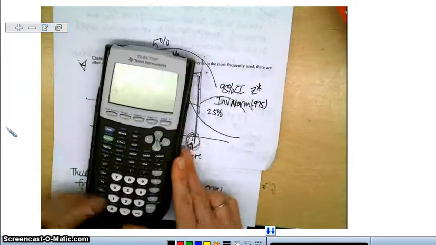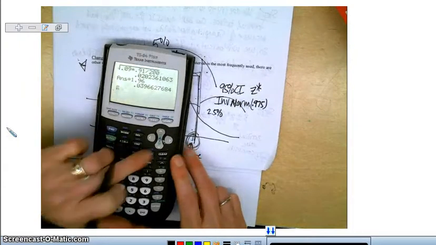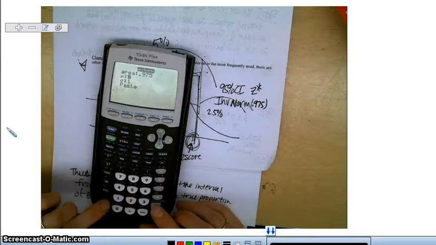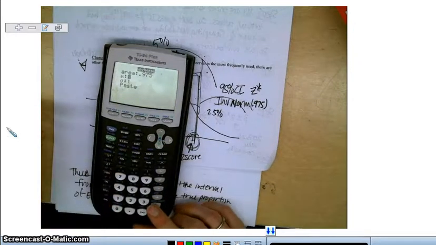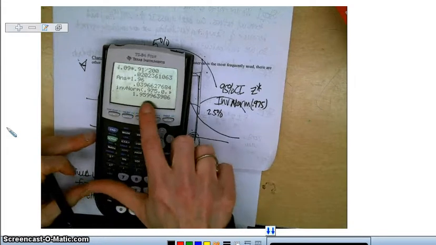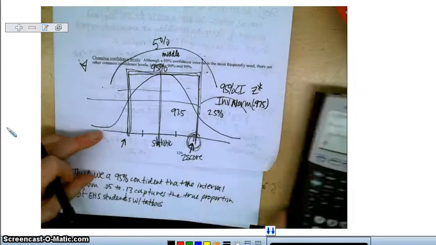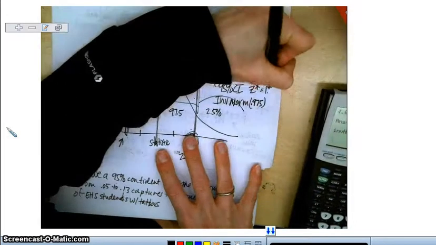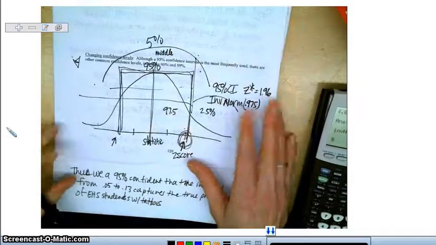On my calculator, second distribution, inverse norm 0.975, with mean 0 and standard deviation 1, it gives me 1.9599. So for a 95% confidence interval, the z-star is 1.96. That's what we round it to.